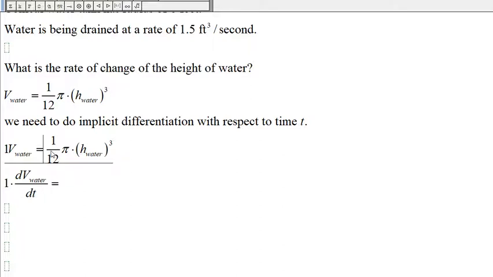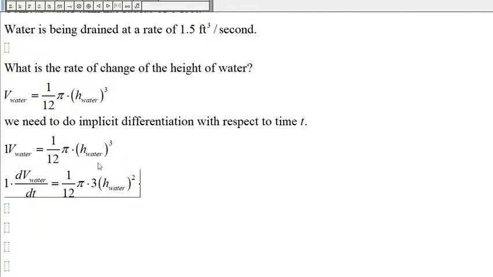On this side we have 1/12, and the derivative of h to the third is 3h squared.